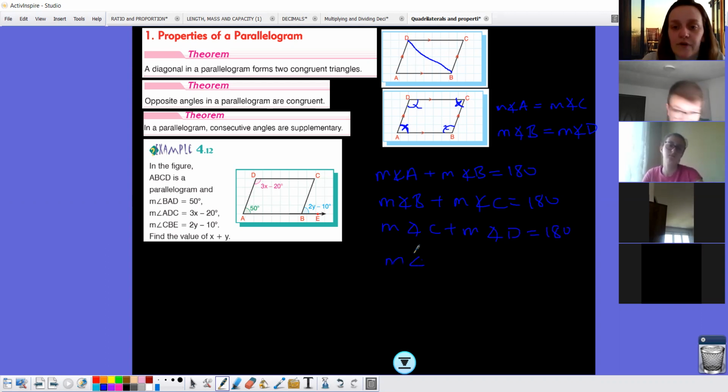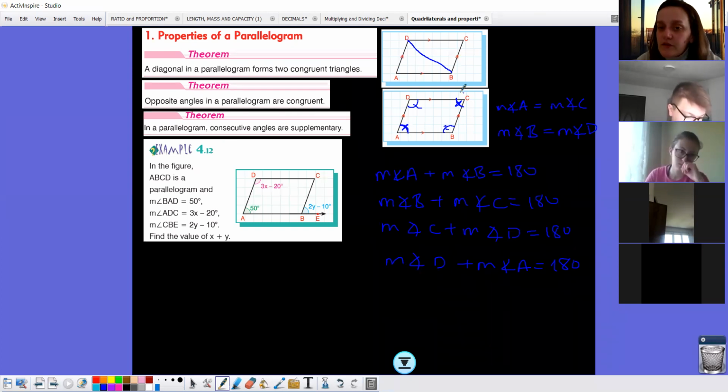And the measure of angle D plus the measure of angle A is equal to 180. The third theorem says that consecutive angles are supplementary. This is the math way we can write this theorem. Okay?